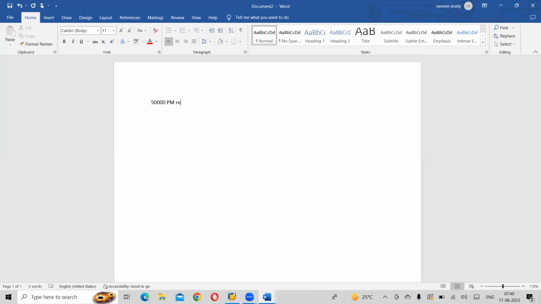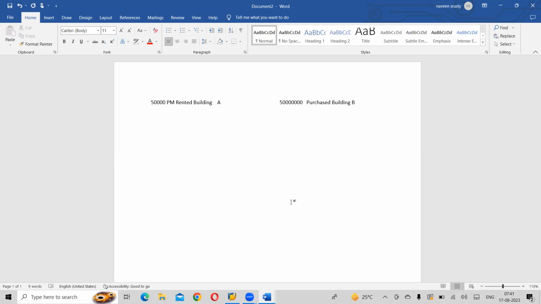And building B, I have purchased for 50 lakhs. Don't count the zeros, I'm saying 50 lakhs.